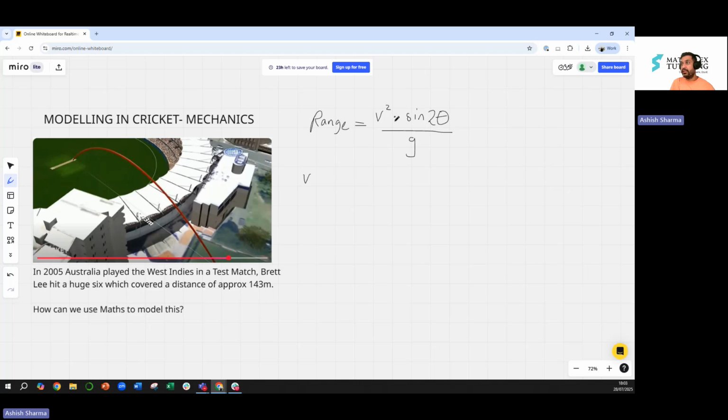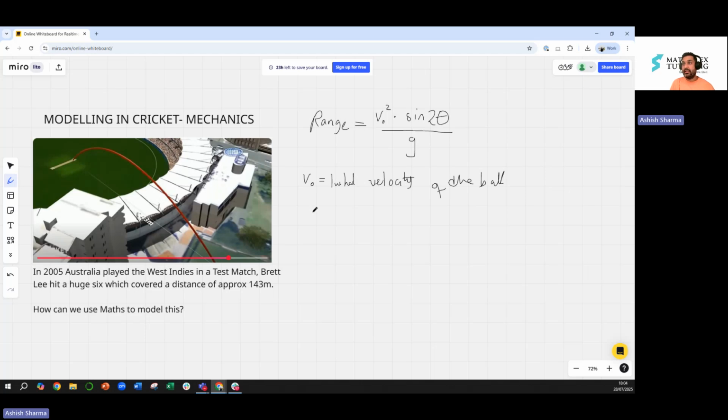The v, or rather v naught, is the initial velocity of the ball when it's hit. If you've got the technology that can tell you how quickly that ball left the bat, then we can get that value for v naught.